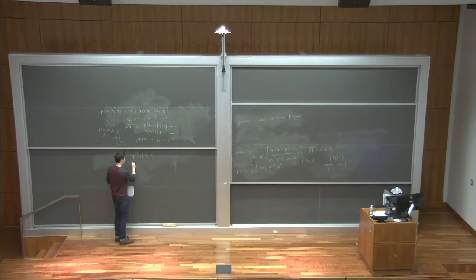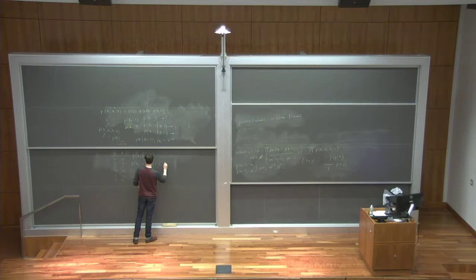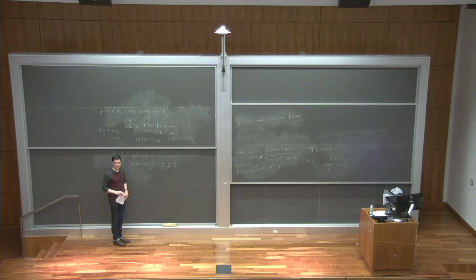We say that the probability of x1 equal to 0, given y is equal to 1, is equal to the number of times, so let me say count 0, 1, divided by, and I'm just making up this notation on the fly. What this is saying is you count the number of times that x1 is equal to 0 and y is equal to 1, and you divide it by the number of times that you see y is equal to 1.